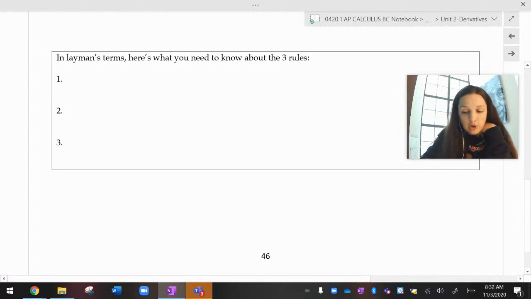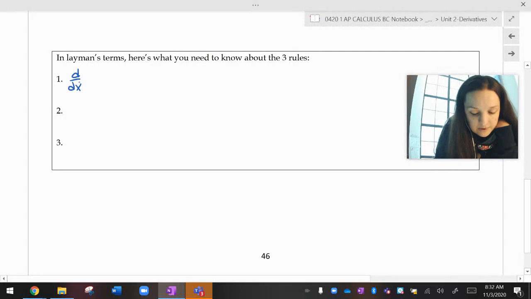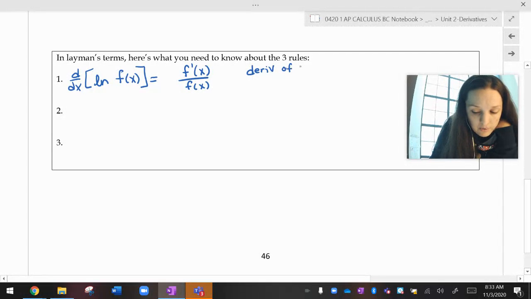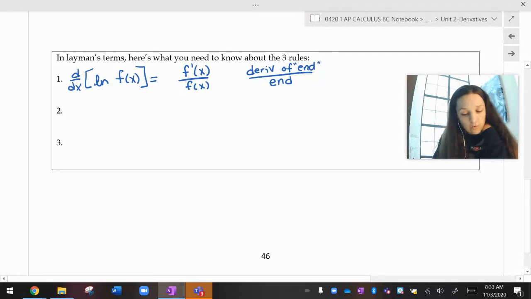So in a nutshell, here's what you need to know about the forms. D dx of ln f of x is f prime of x over f of x. It's the derivative of the end over the end.